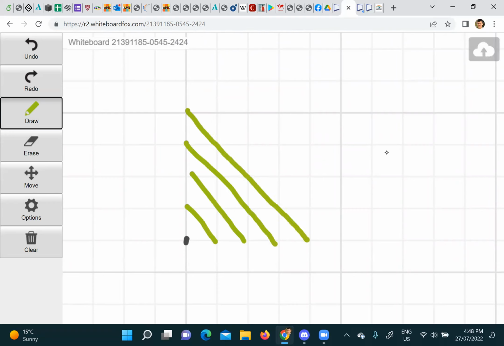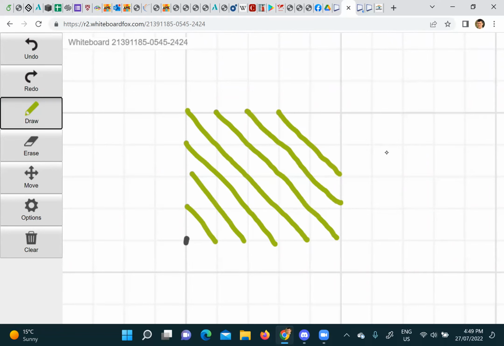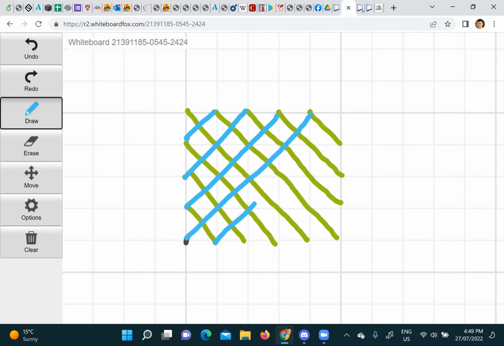I think it's easier when it gets bigger, because when it gets smaller, it goes closer to the middle. Actually, that is true. It will be 8 again for blue lines.